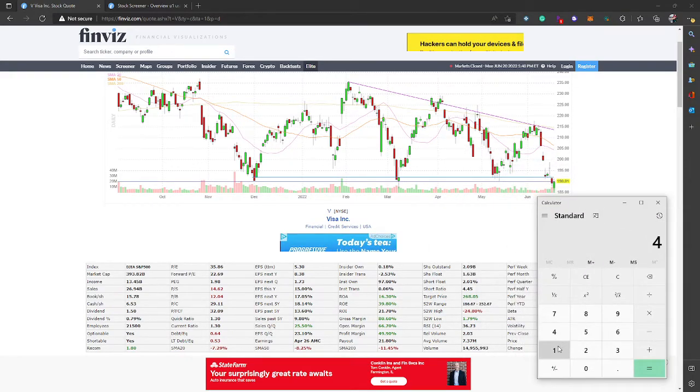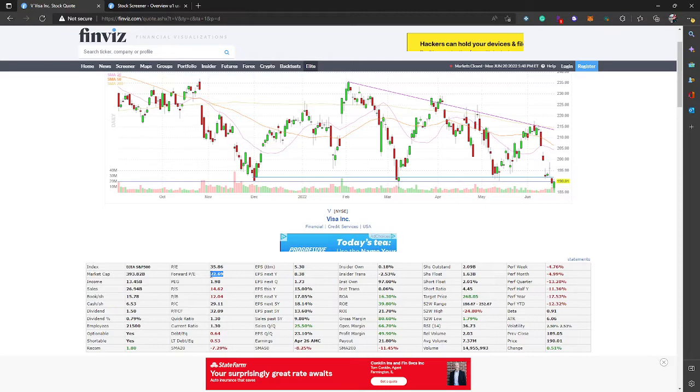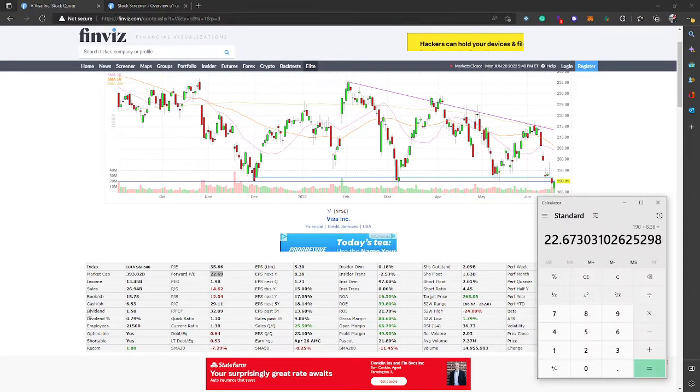We can do 190 over $8.38. That gives us a PE ratio of 22, which is essentially this number. That's exactly what that number is, because the forward PE ratio is looking into the future year. You can see right there, next fiscal year, and calculating the PE ratio based on that.